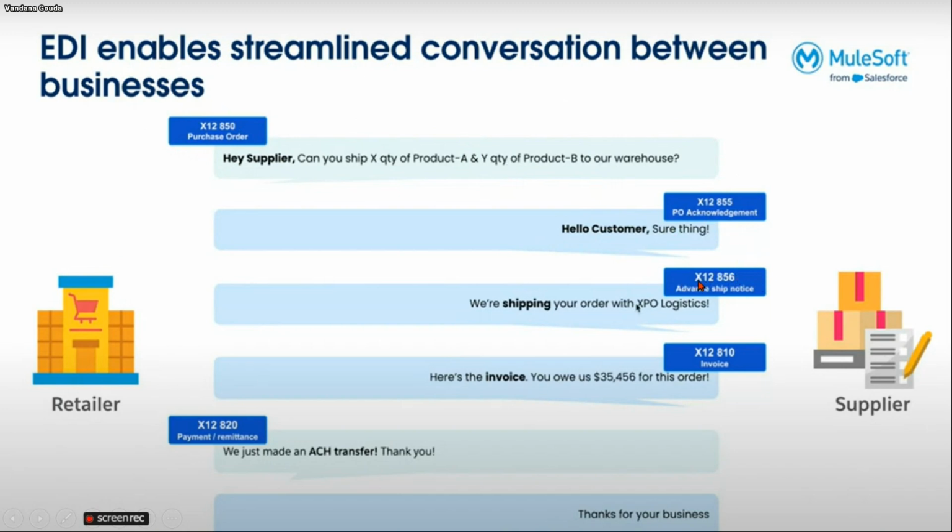It all depends on a lot of transaction sets. Okay. Then the advanced ship notice, the 856, is for advanced ship notice. This will be the reply. After that, the invoice, 810, will come into the picture, and 820. So we need to understand which transactions are available in X12. This is a small example.